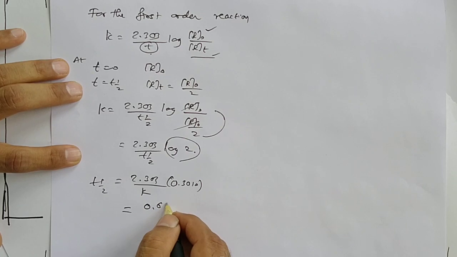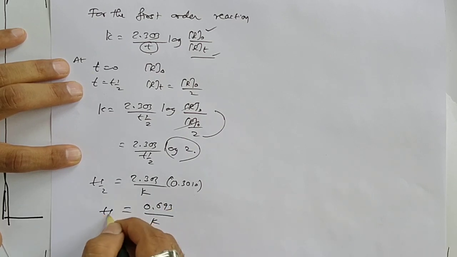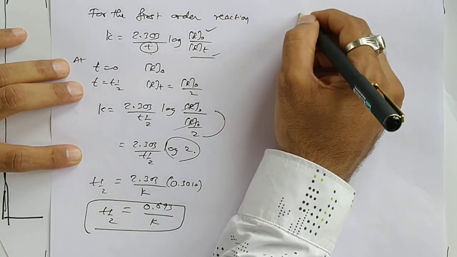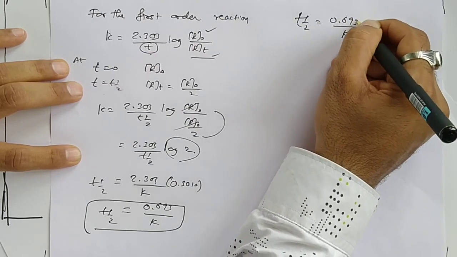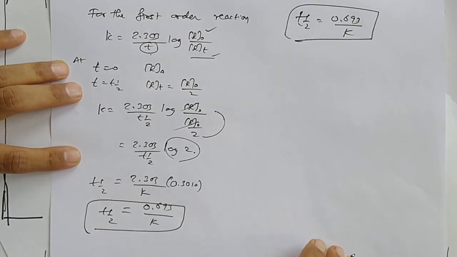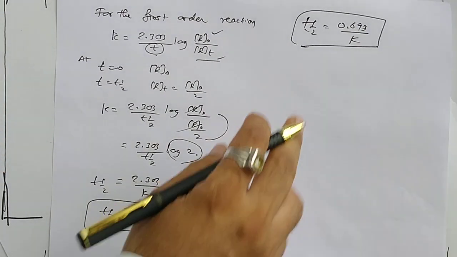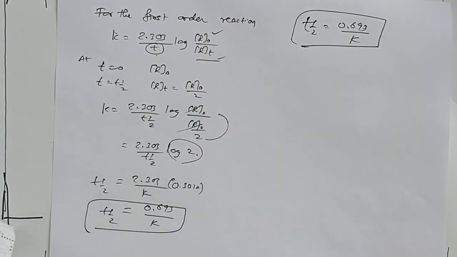Multiplication of both gives 0.693 upon K. So for a first order reaction, T1/2 is equal to 0.693 upon K.